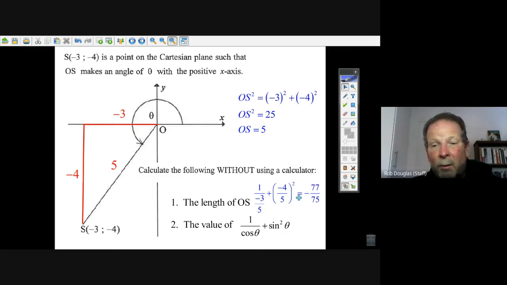When you press equals, it'll give you this scary looking answer of -77 over 75, pretty close to -1 and 2 over 75. But that's your answer, -77 over 75. I let my calculator do the fraction work. Well, that's it.